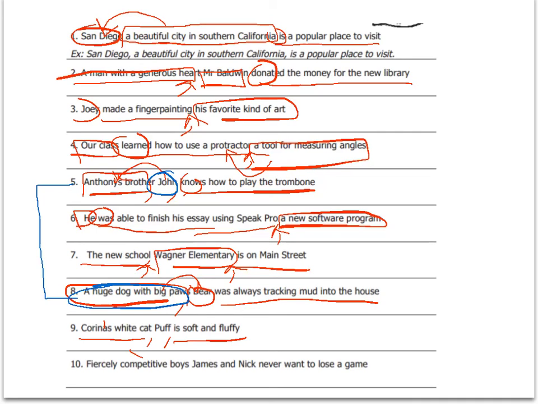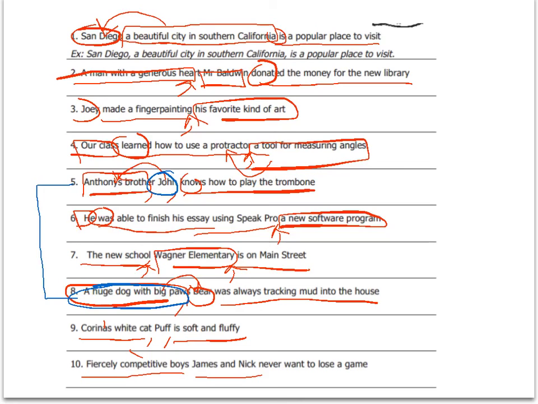And finally, number 10, fiercely competitive boys, James and Nick, never wanted to lose a game. So here you could be a little bit confused. "Fiercely competitive boys" or "James and Nick." Which one of these is essential to the sentence? "Fiercely competitive boys" is not clear exactly who it is.